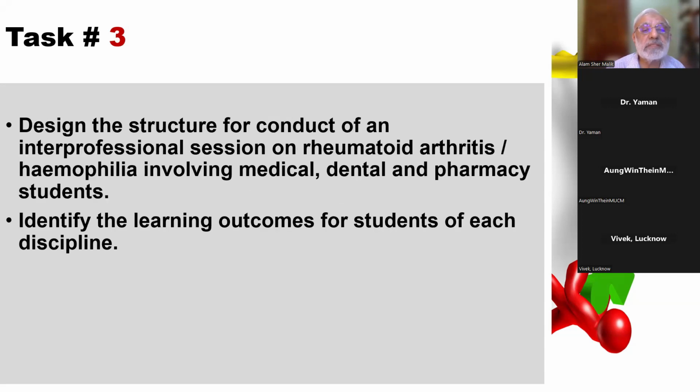And for task 3, design a structure for the conduct of an interprofessional session. You can choose rheumatoid arthritis or hemophilia. Hemophilia, for example, would involve medicine, dentistry, and pharmacy students, and then identify the outcomes for students of each discipline.